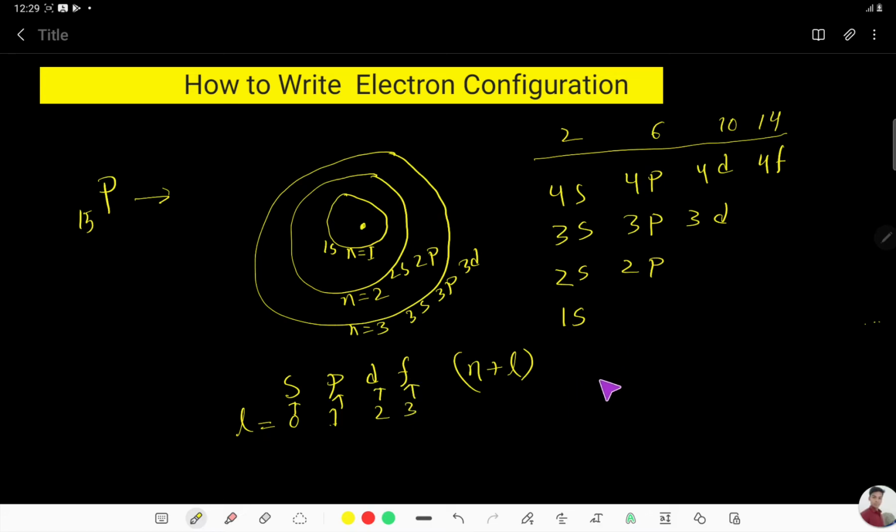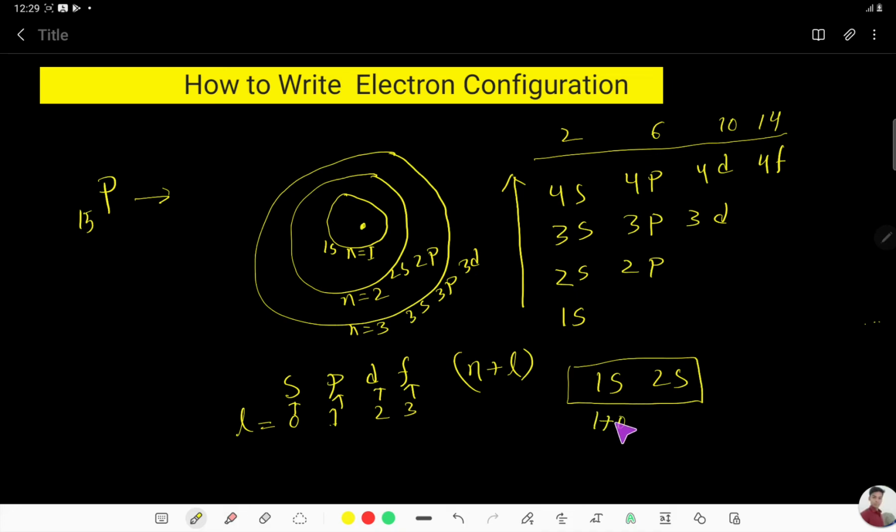So which subshell has more energy? Between these two subshells, which has more energy? We can determine the energy of a subshell by the value of n plus l. For 1s, n is 1, the principal quantum number, and for s, l is 0, so n plus l is 1.